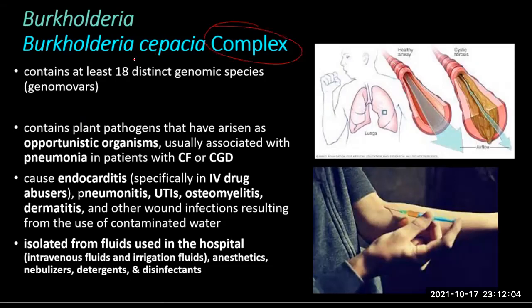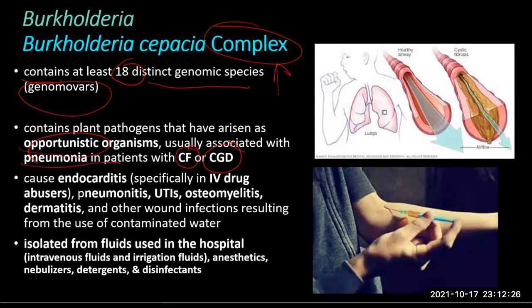We also have the Burkholderia cepacia complex. It's a complex, so at least it has 18 distinct genomic species or genomovars, and contains plant pathogens that have arisen as opportunistic organisms, usually associated with pneumonia in patients with cystic fibrosis or CGD, or chronic granulomatous disease.